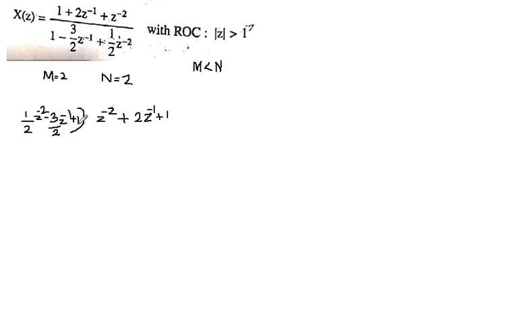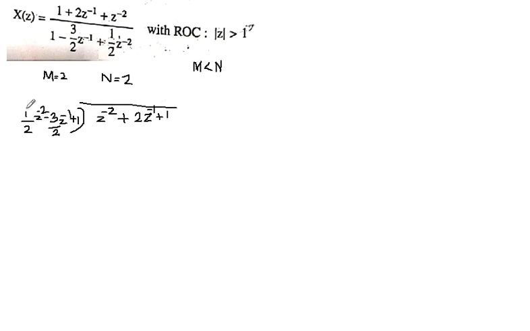So when we go for this division, we have to cancel out this z raised to minus 2 from the numerator, then only we can make it m less than n. So we have to get it to the form m less than n. Our aim is to cancel this z raised to minus 2 from the numerator.